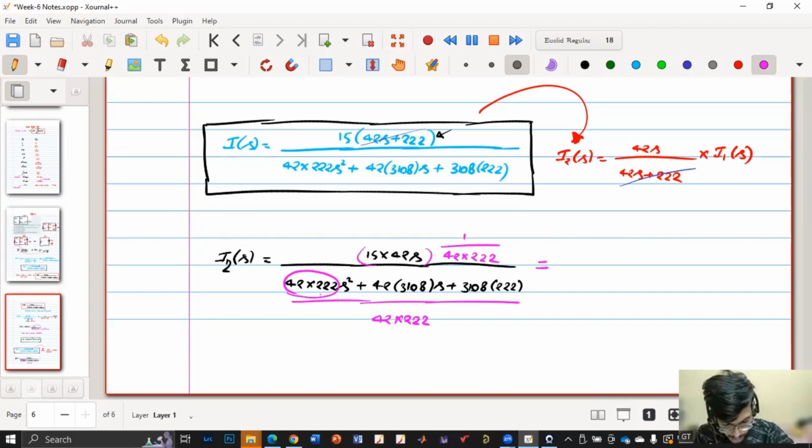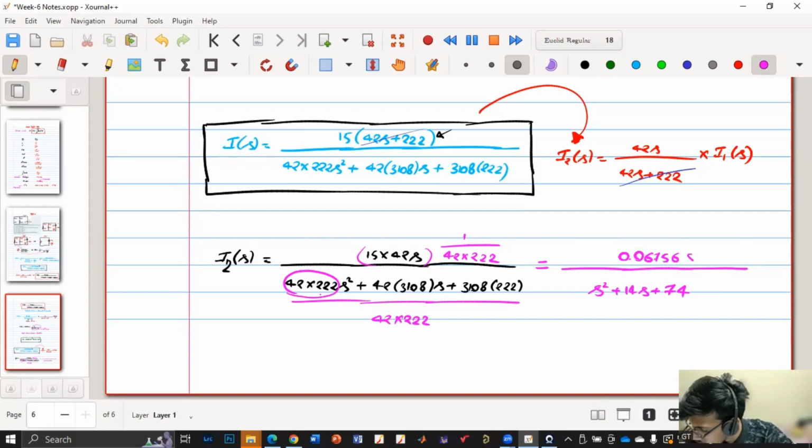Then you'll be getting this expression. So the denominator will be the same, S square plus 14S plus 74. Numerator is 0.06756. Just check whether you are getting the same expression or not.